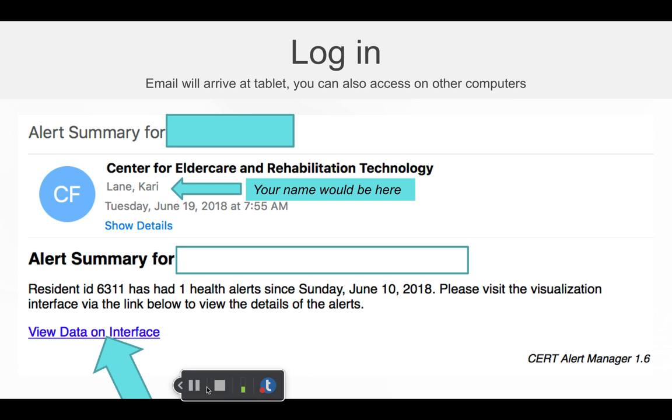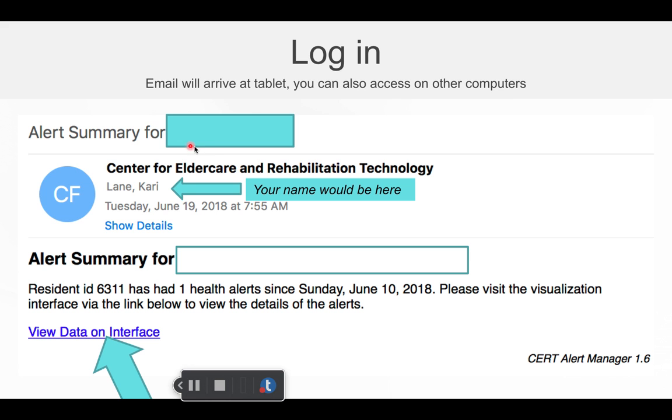When you get an email, it looks something like this, except without those teal lines and boxes that I've placed here. You'll see that there'll be an alert summary. It'll say who this is for.